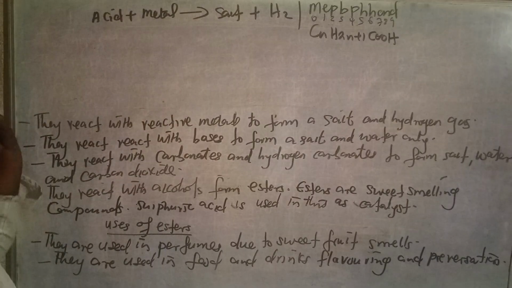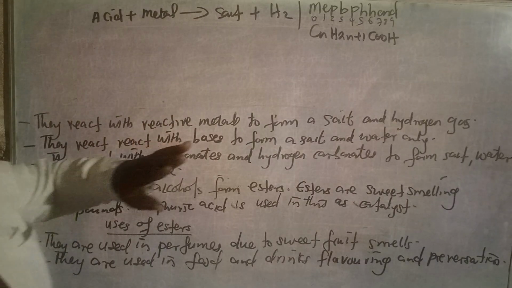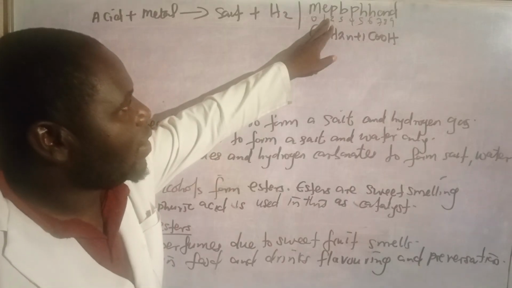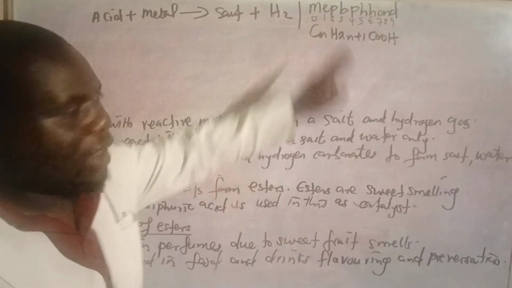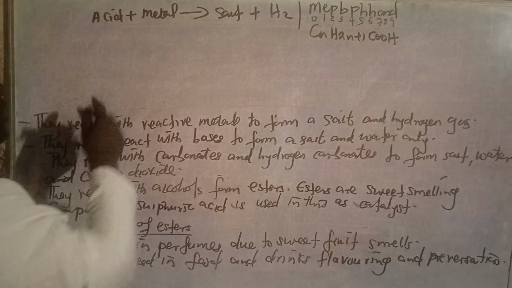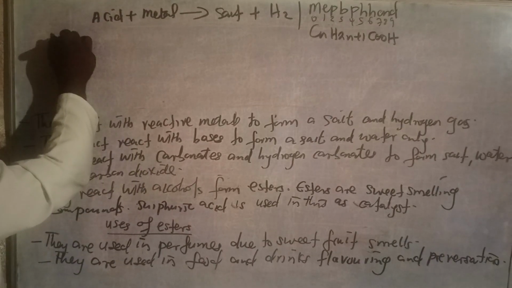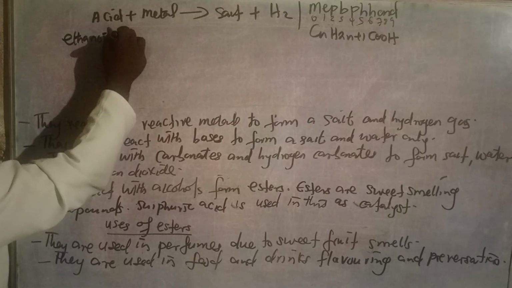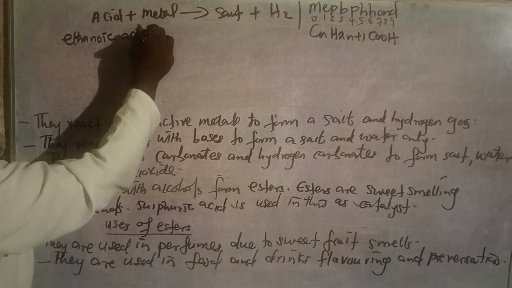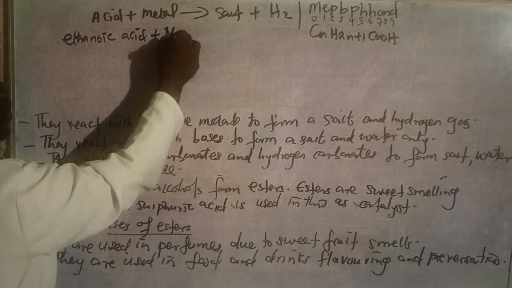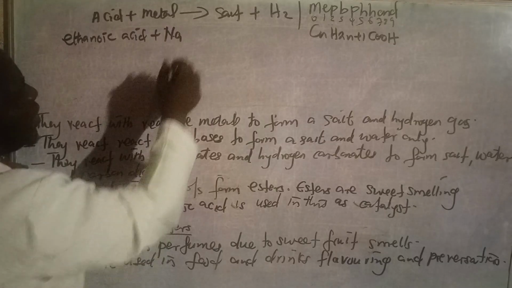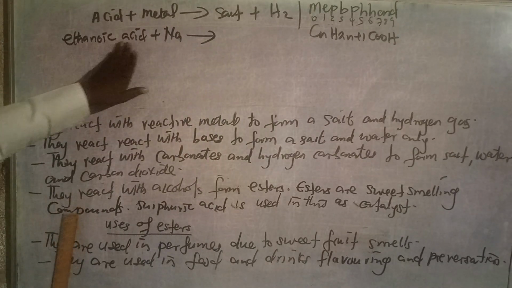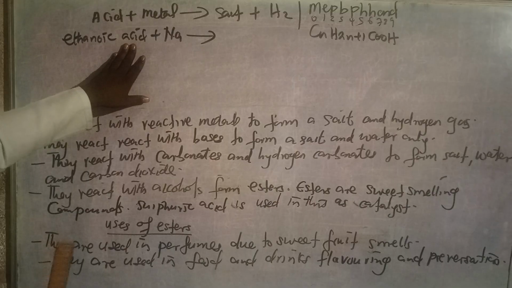So now I'll pick an acid. I'll pick the one on number 2, which is ethanoic acid. So ethanoic acid plus a metal, I'll take sodium, which is Na. Then the salt. Now, what's the name of the salt? How can I write the formula for ethanoic acid?